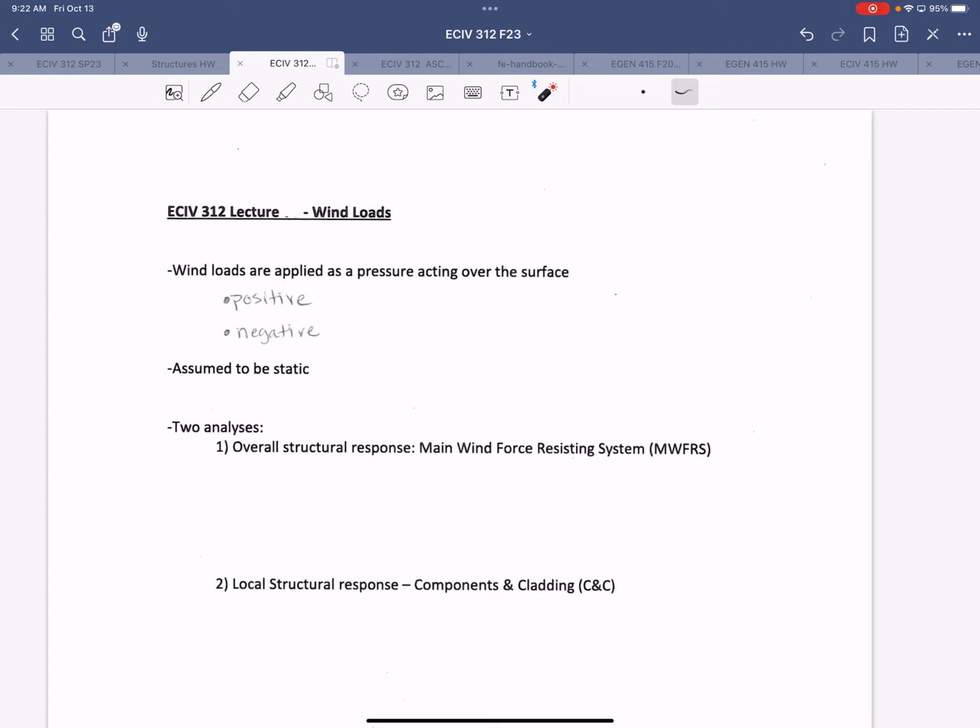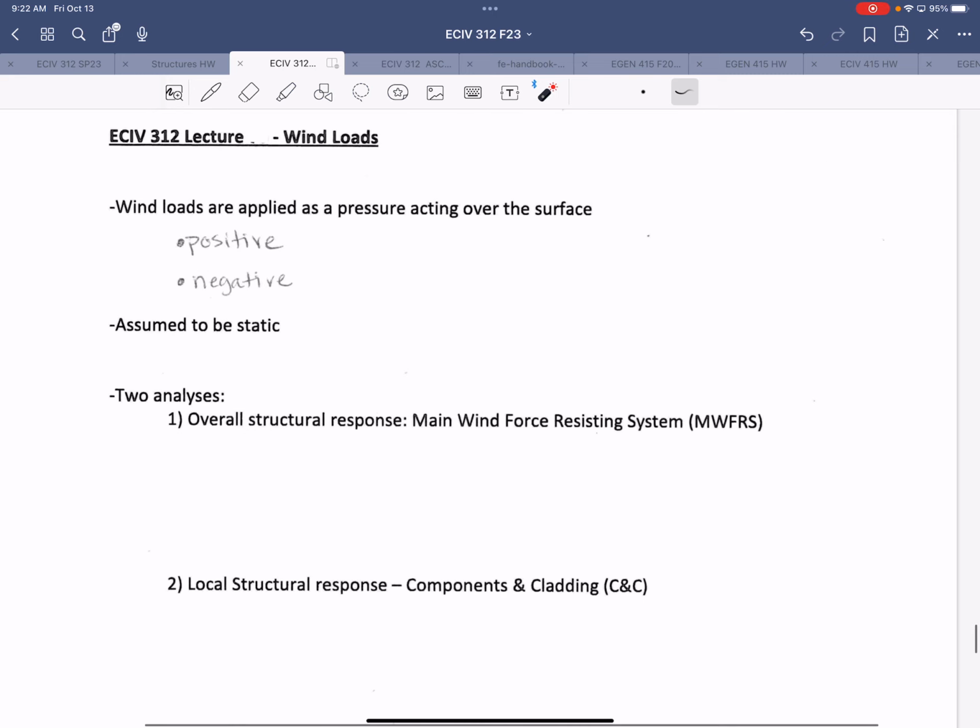So essentially, when we think about wind interacting with a structure, right, it's just going to be passing around your structure, so all the external surfaces are affected, and what the building feels on those surfaces is pressure, right? So we apply wind loads as a pressure acting over a surface. We have positive pressures, which are always pushing towards the surface.